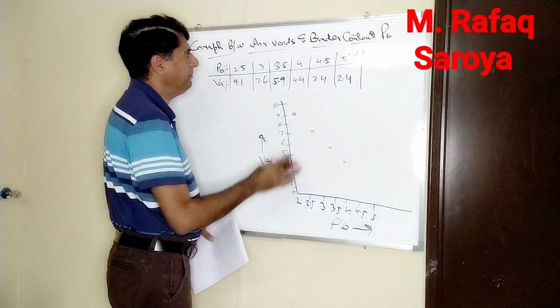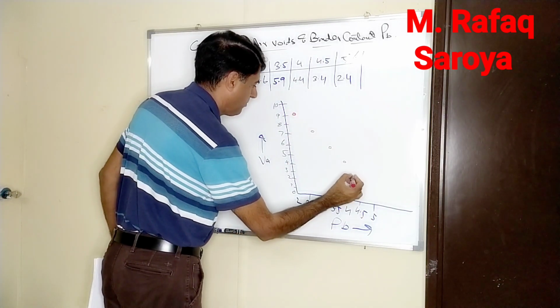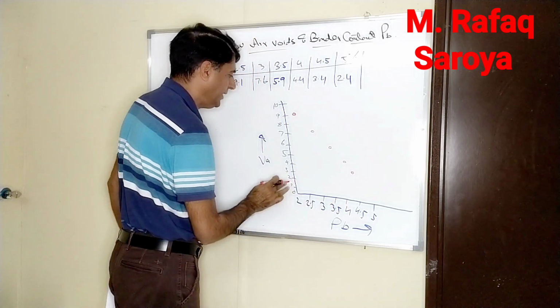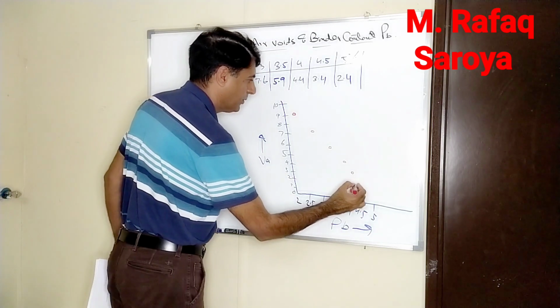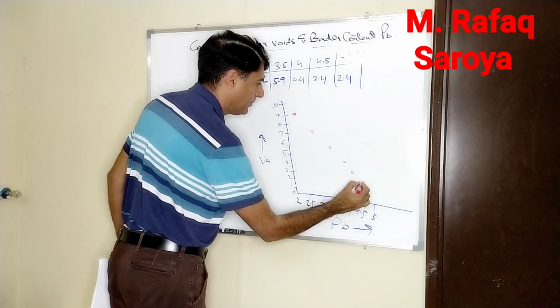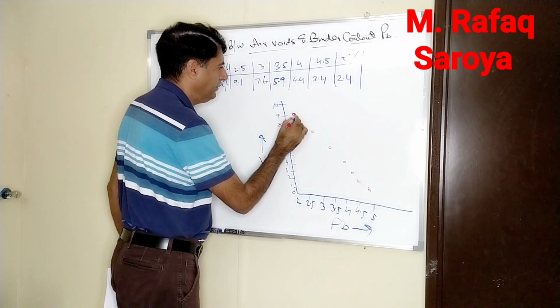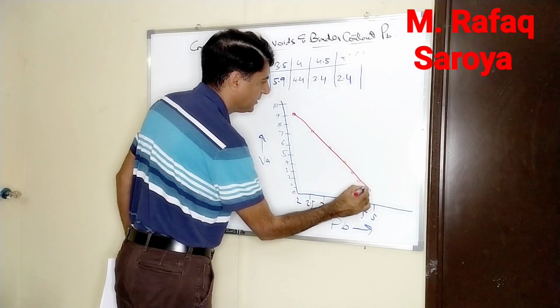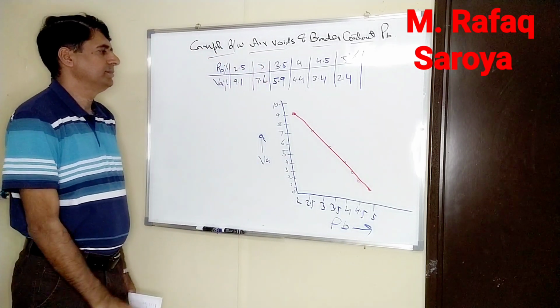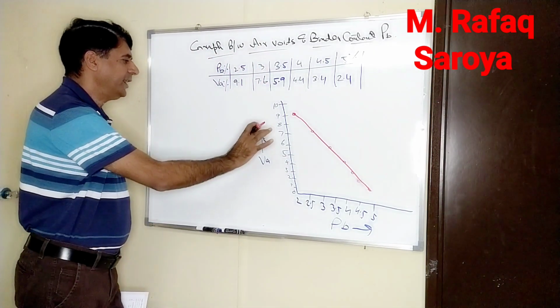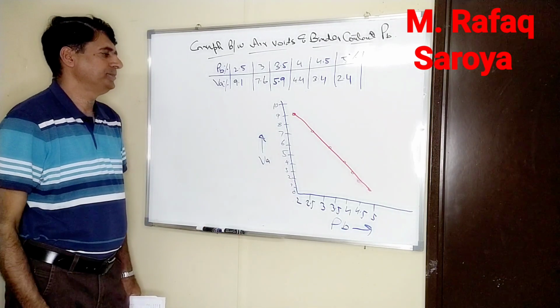At 4.5, 3.4. And at 5%, 2.4. When I join these points, the graph looks like this. This is the graph between air void and the PB.